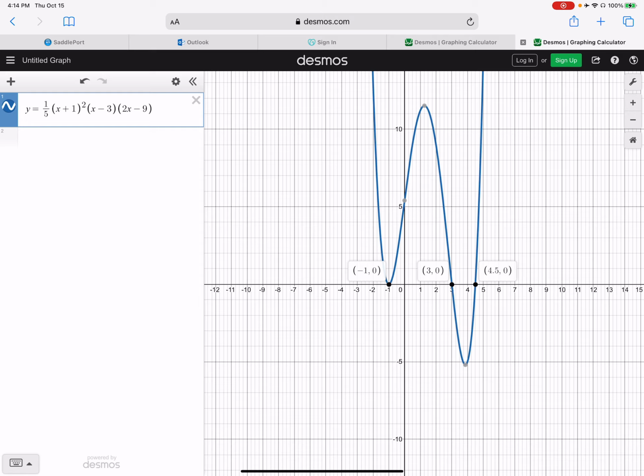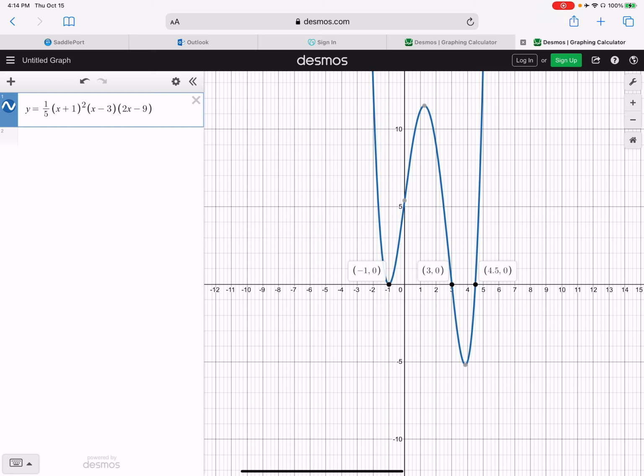And at -1, because the graph bounces, that's an even root. So when you have an even root, the graph comes and just touches and goes back in the same direction. We've been calling that a bounce. An odd root is at 3 and at 4.5, and on odd roots, the graph passes through and changes from positive to negative, or negative to positive.